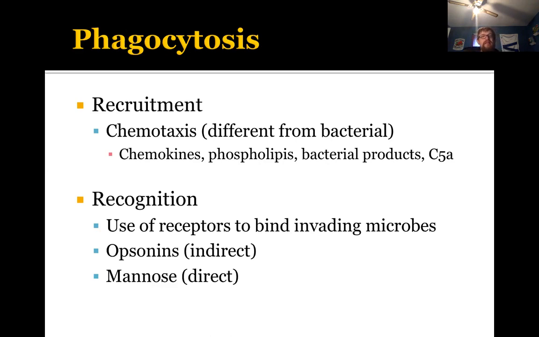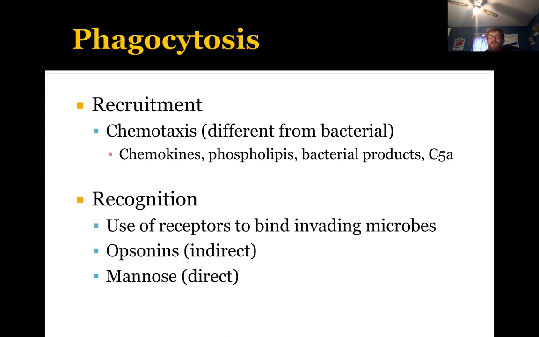Not surprisingly, once you find the site of infection, you have to recognize it. You have to be able to find it once you get there. So we use those receptors that we talked about. Perhaps pathogen recognition receptors can provide further activation, or remember in the previous picture, receptors for C3b, which are hopefully coated around pathogens, will let the cell know what's going on.